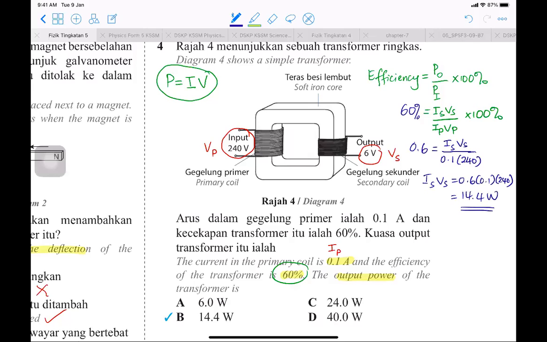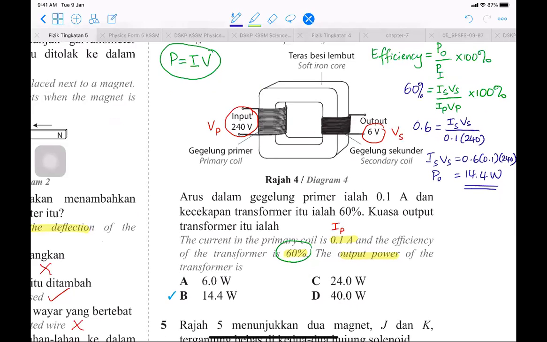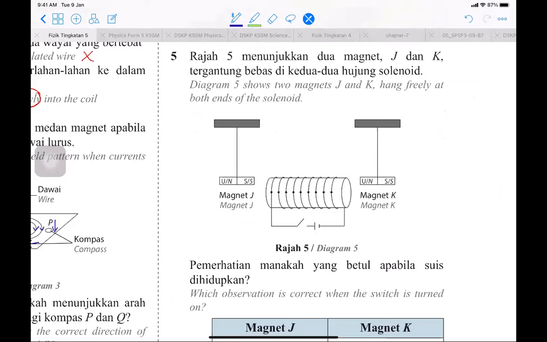Okay, 14.4 watt. Same lah. Okay, power output is equal to 14.4 watt. Okay, sudah 14.4 watt.